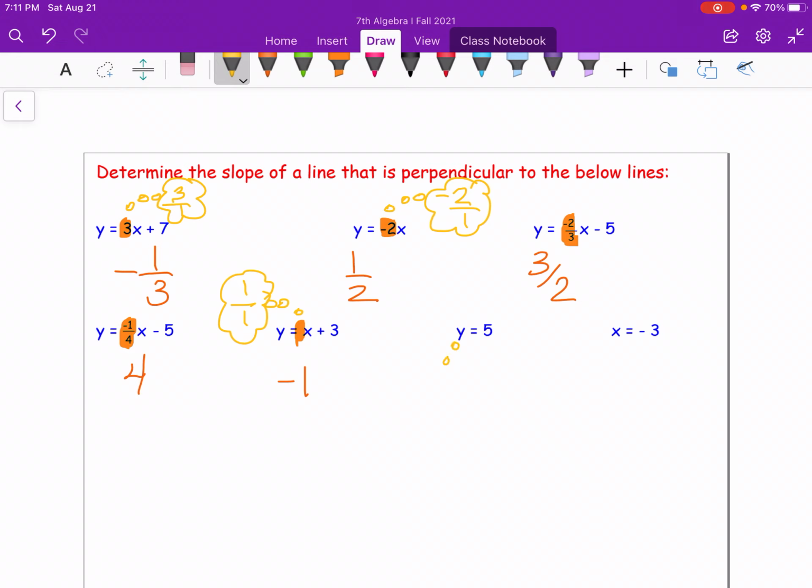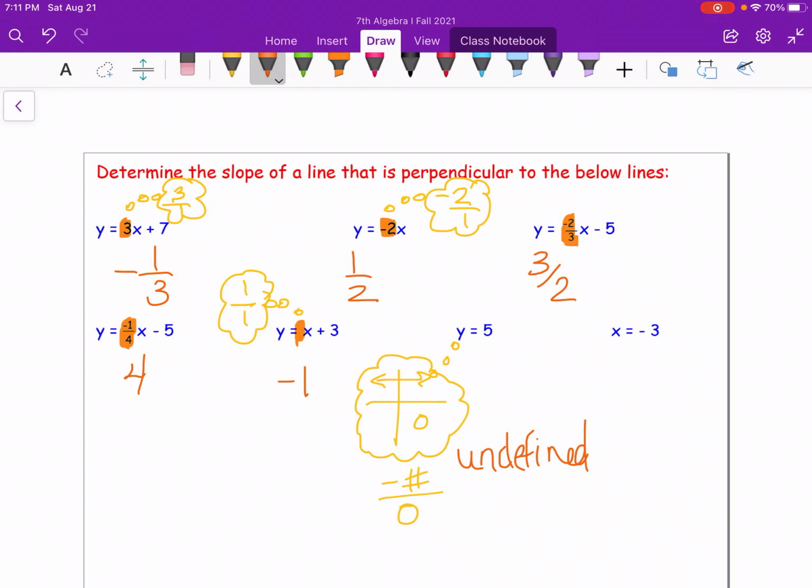y equals 5. Remember that that is a horizontal line at 5, which has a rise of 0 and a run of some number. So it has a slope of 0. So if I flip that, it's going to become negative some number over 0, which is undefined. Can't take something and divide it by 0.